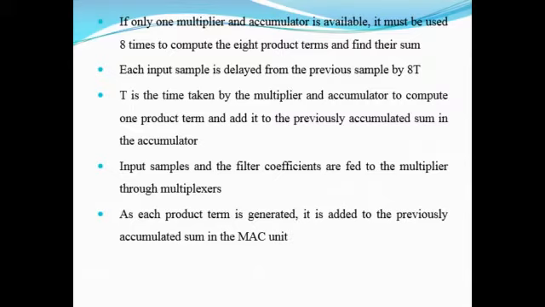Whatever input samples we consider, that is x of n, and filter coefficients h of n, all these 8 samples are to be fed to a multiplier through multiplexers. Then each product term is generated. Whenever it is generated, it is added to the previously accumulated sum in the MAC unit. I already told you regarding an example of x plus yz. If I go with x plus yz, yz is a product term, and this product term should be added with x.